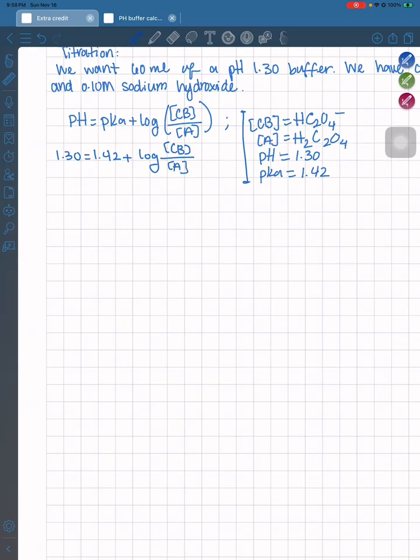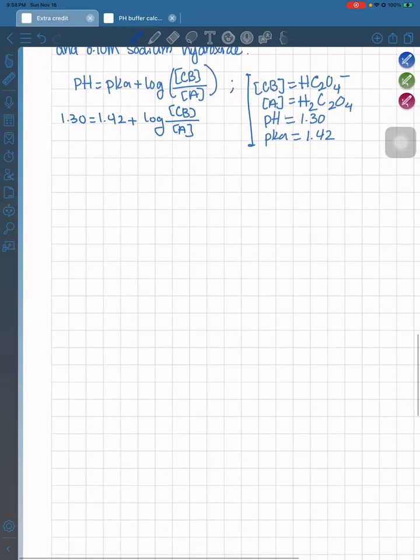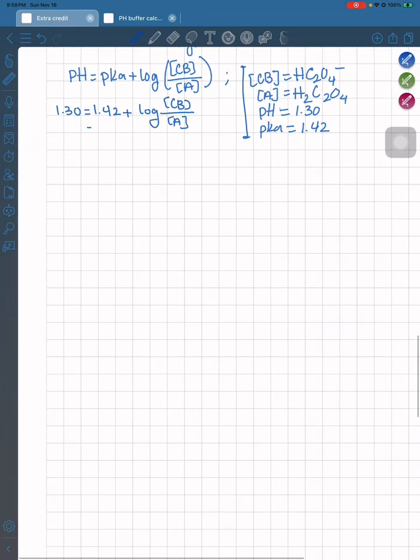And we are solving for the log of conjugate base over acid. Again, I'm just going to subtract 1.42 from here, 1.42 from here. This cancels out. 1.30 minus 1.42 is negative 0.12. That's equal to our log of conjugate base over acid.